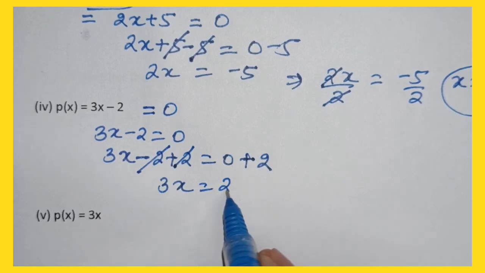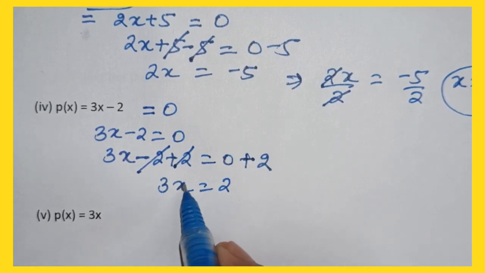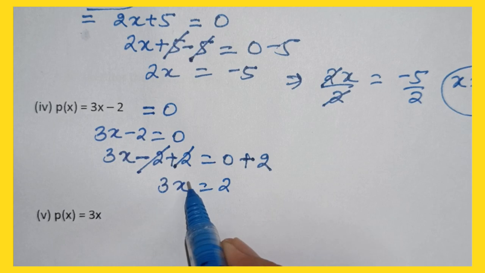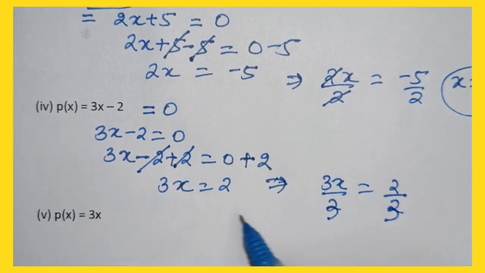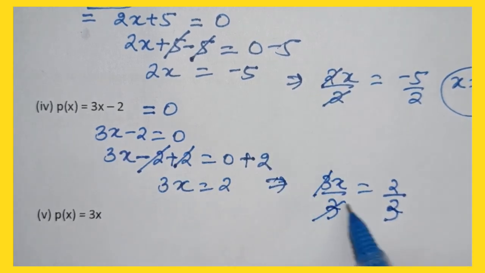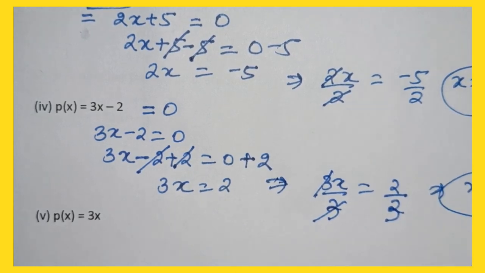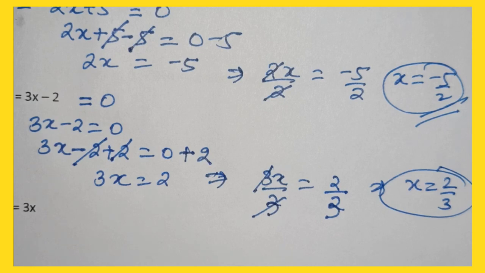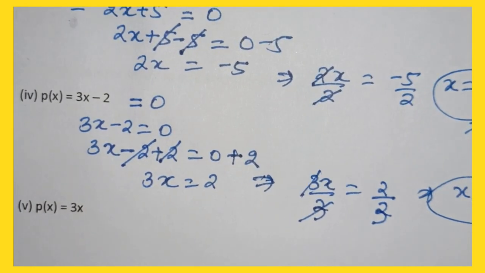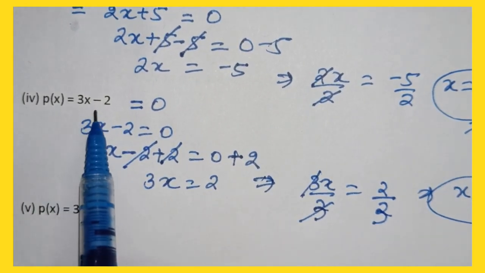Now divide by 3 on both sides. Why am I dividing? Just to get the value of x. So 3 will cancel out, and you have x is equal to 2 by 3. So at the value 2 by 3, your polynomial becomes 0.